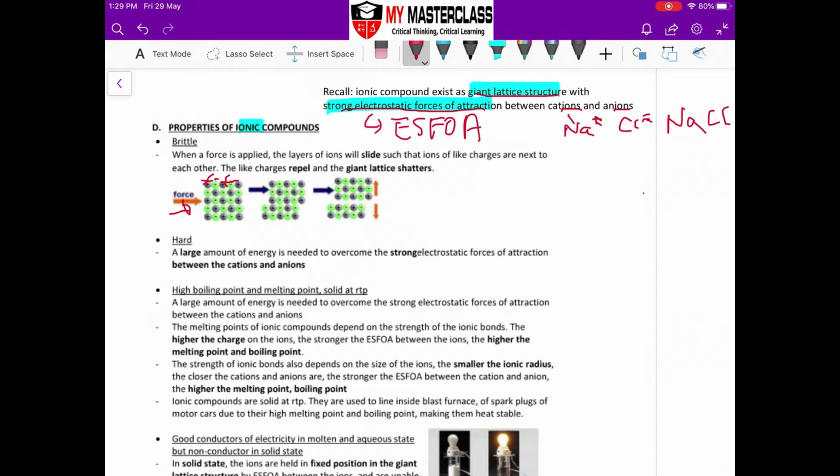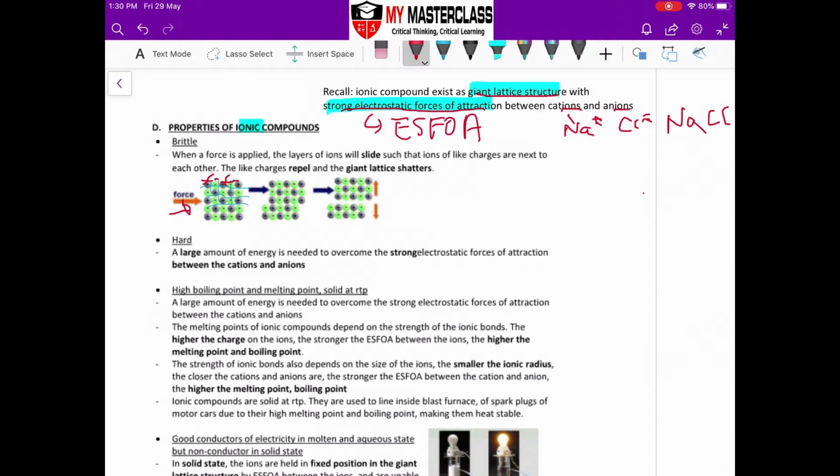So there's strong attraction between the cations and anions, along the blue lines that I'm going to draw in this picture. This attraction holds the multiple ions in a three-dimensional structure called the giant lattice structure. All ionic compounds exist as giant ionic structures or giant lattice structures.